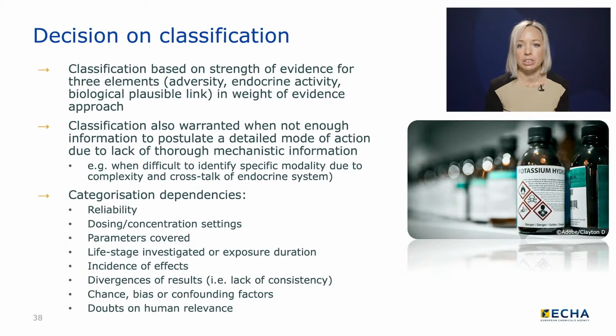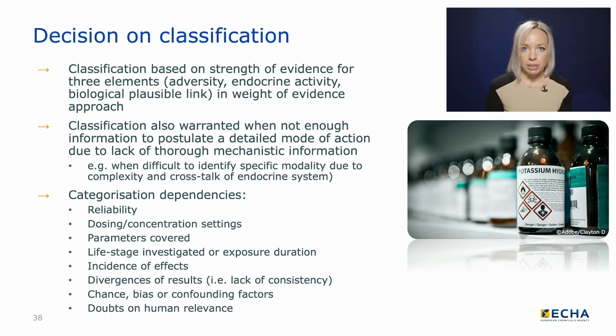For classification decision, all available relevant data shall be considered under CLP, and classification is based on weight of evidence and expert judgment. In some cases, there is not necessarily a need to identify a specific mode of action, since there are several modalities that may be affected simultaneously.